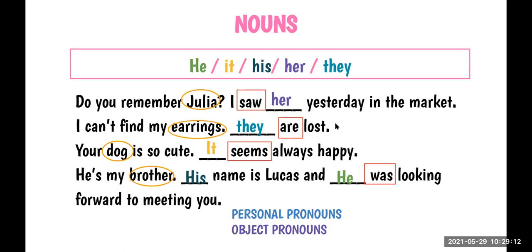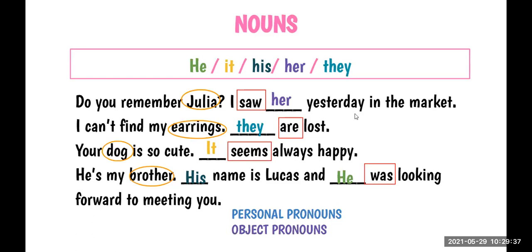Okay, we are not talking about possessive now. We are talking about personal pronouns and object pronouns. So which of the ones that we have here are personal pronouns? Personal pronouns are the actors in the sentences, teacher.